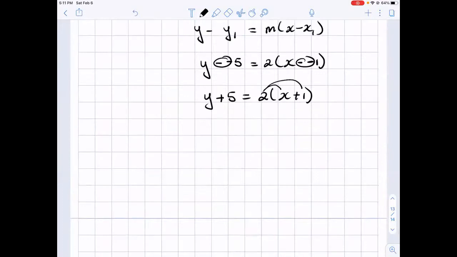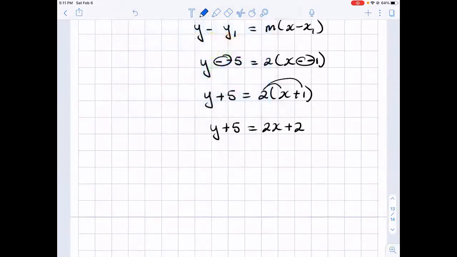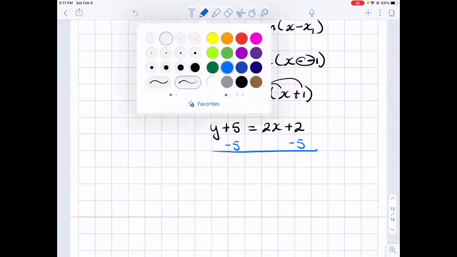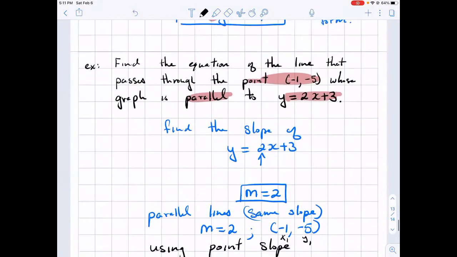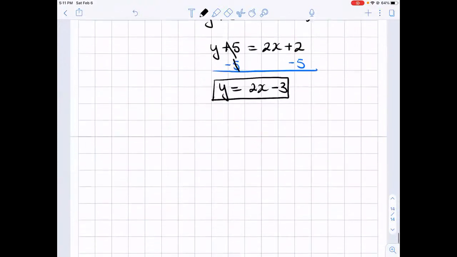Distributing the 2, we have y plus 5 is equal to 2x plus 2. And now we minus 5 on both sides. And that leaves us with y is equal to, the plus 5 and the minus 5 cancel, 2x minus 3. Now in here, they did not specify in the problem whether to write in slope intercept, point slope, or standard form. So since they didn't specify, we will leave the answer in slope intercept.